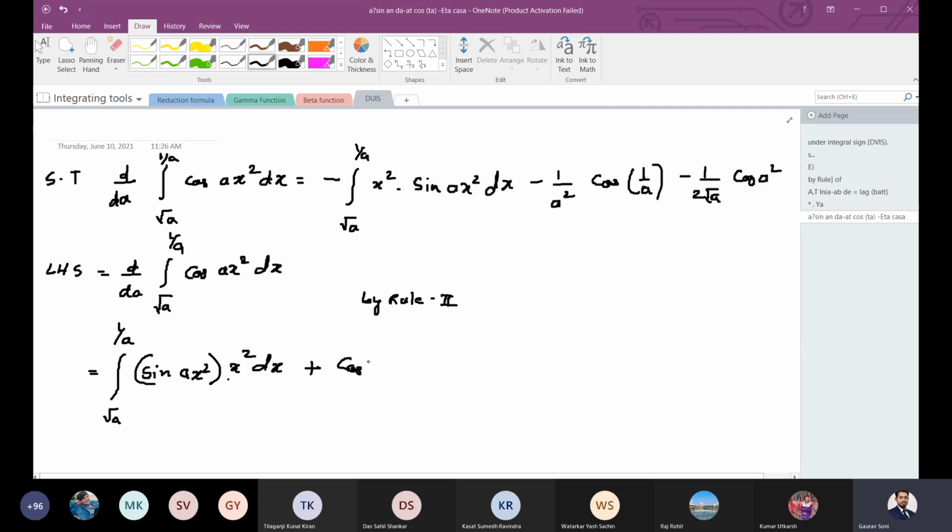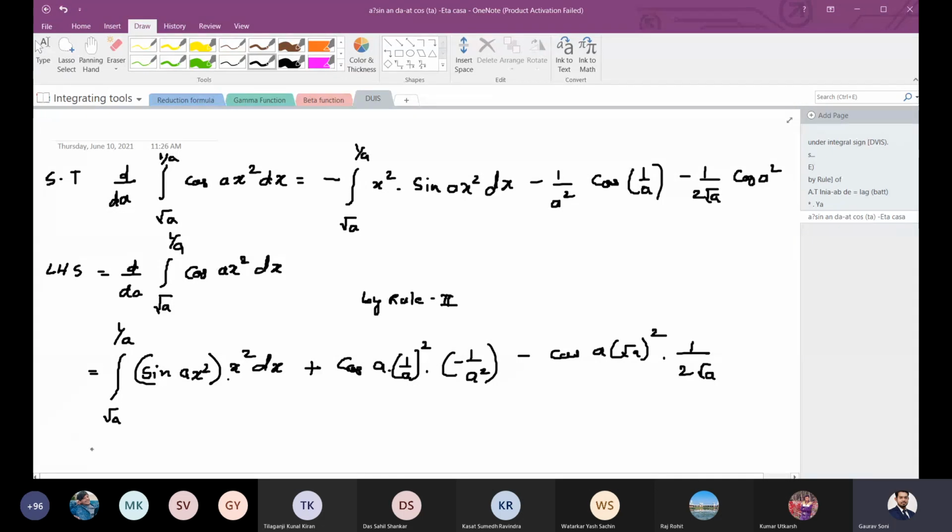So what is the upper limit? 1 upon a. So cos of a into 1 upon a whole square, and the derivative of the upper limit, which is minus 1 by a square, minus, in the integrand you put the lower limit, cos of a into root a square, into the derivative of the lower limit, which is 1 upon 2 root a.